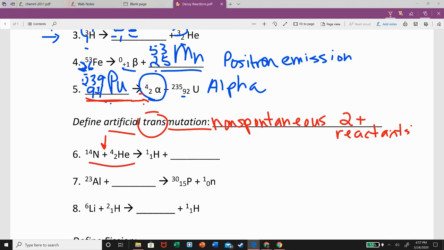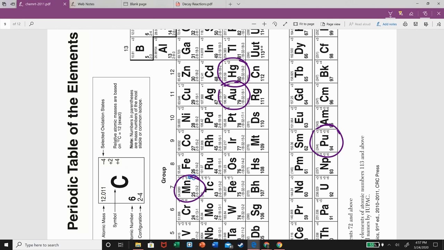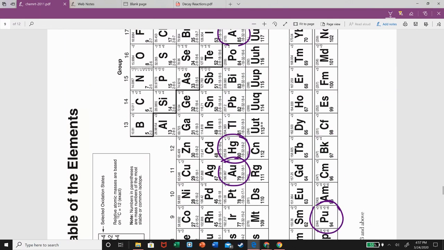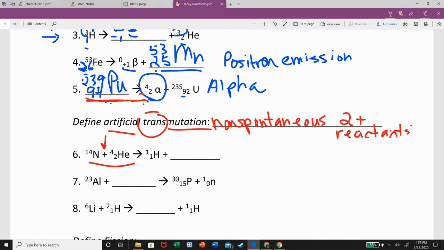So I believe the atomic number of nitrogen is 7, but let's fact check. Nitrogen is 7. Okay, so then 7. And so now I have a 7 plus 2 for the bottom. So then 7 plus 2 is what? So that's 9, right? So I've got 9 on the bottom to keep track of.